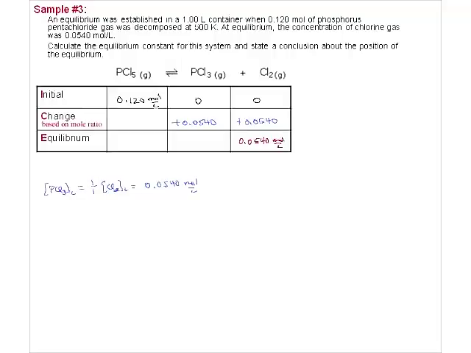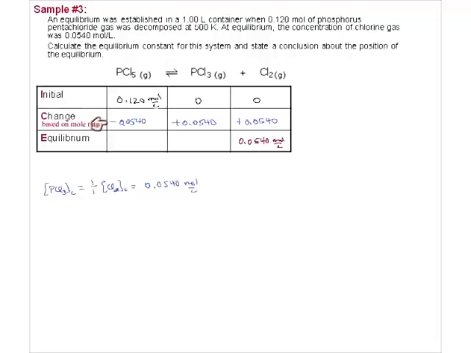So the change in PCl3 is a 1-to-1 ratio times the change in chlorine. So it's the same thing. The PCl5, it's also a 1 in front of this. So it's a 1-to-1-to-1 ratio. So if this went up by 0.054, then this should have gone up by the same amount. Or sorry, down.